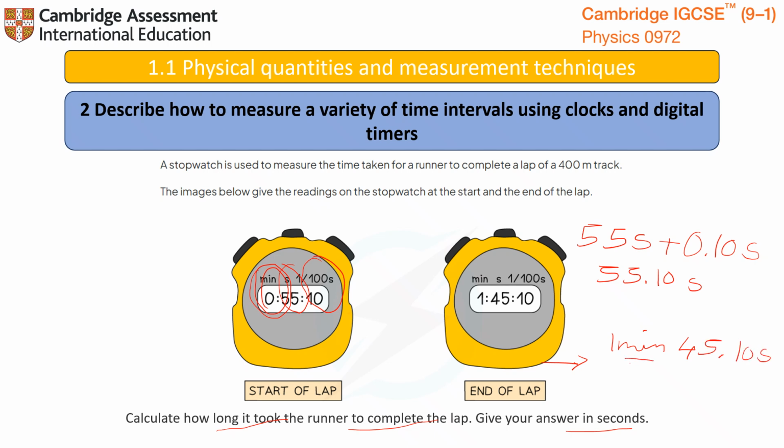So this 1 minute has to be converted into seconds. So 1 minute is equal to 60 seconds plus 45.10 seconds. So this gives us 105.10 seconds.